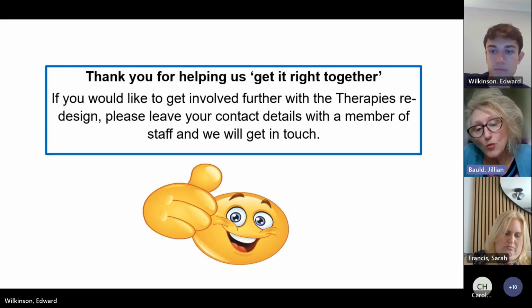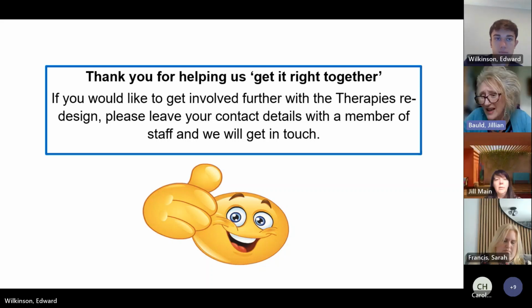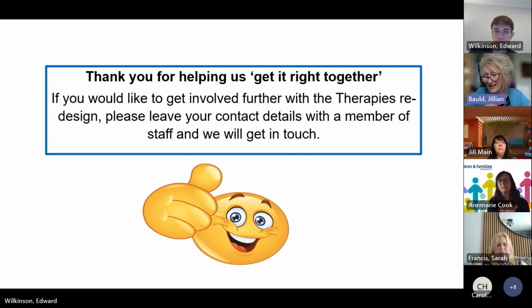What we would also like to do, if you are working with people who have got a lot to say and are eager to be involved further, is to really love to do that. So we are asking you to ask for contact details, and if people want to leave their contact details, we can then link them in and they can see how we carry on with the design, and get information about what we're doing next.